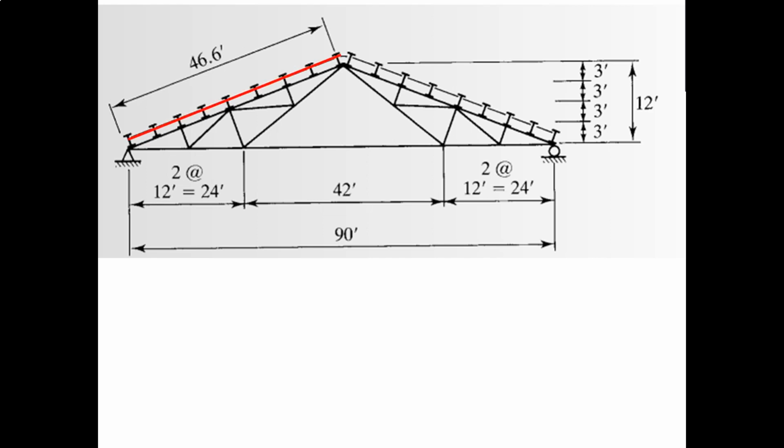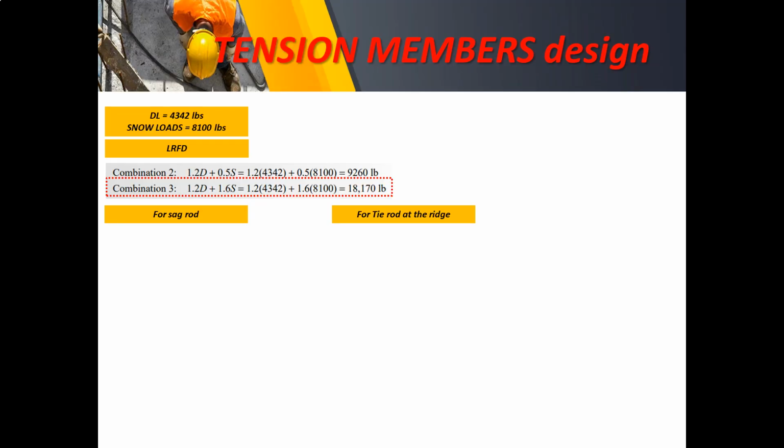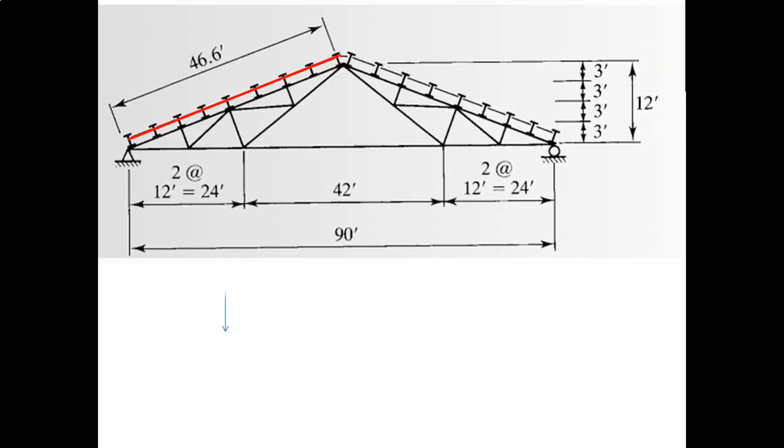In our calculation, the total loading is 18.17 kips, going downwards. So what we are trying to do here is to calculate the force on the sag rod, because the sag rod is inclined on this truss.